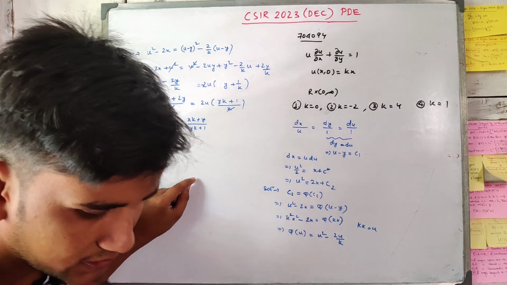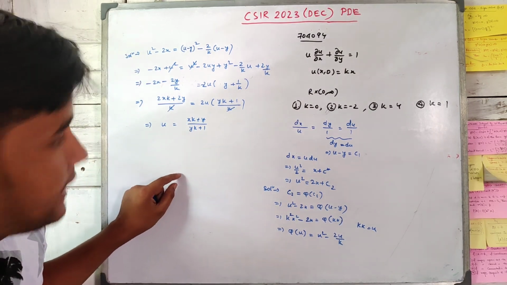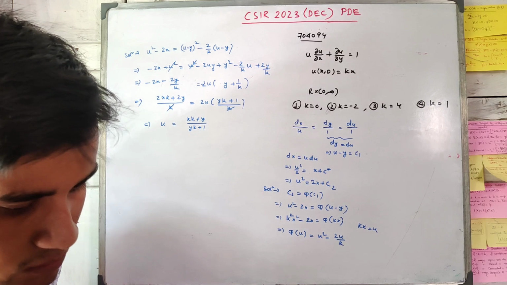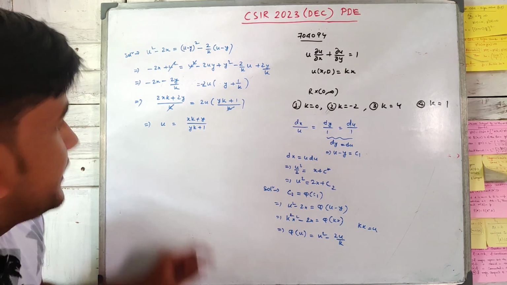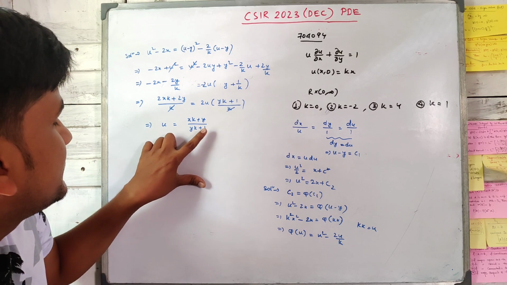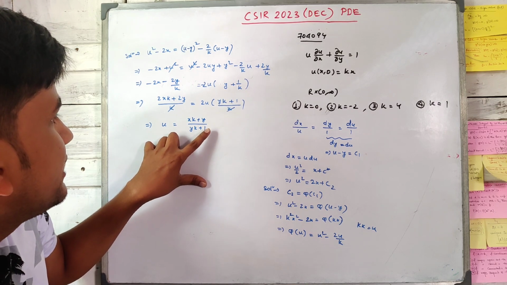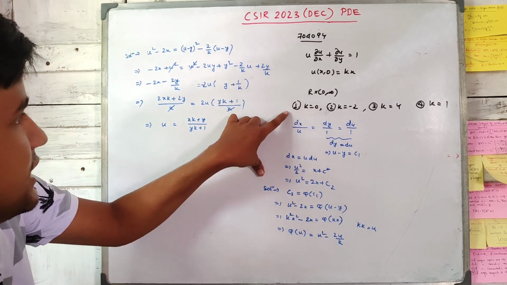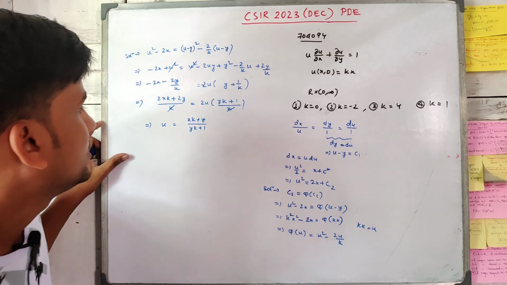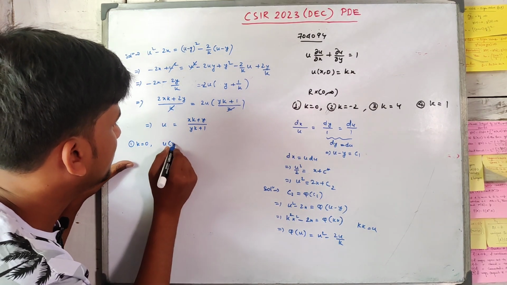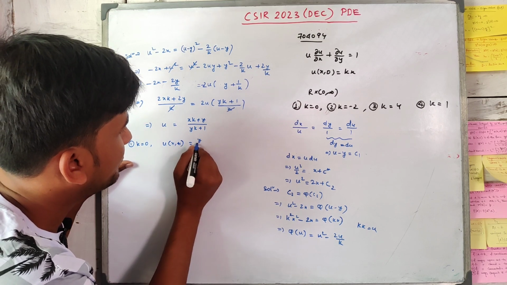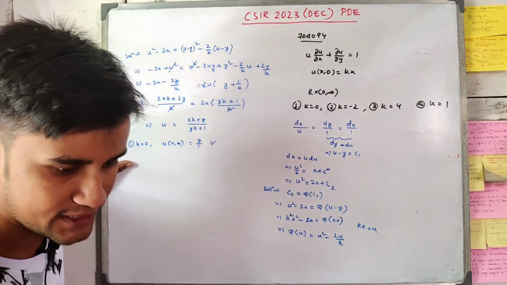Okay, correct. Next, what will happen? If k equal to 0, then does this exist or not? Option 1 says that if k is equal to 0, then u(x, y) is equal to y by 1. Yes, this exists.